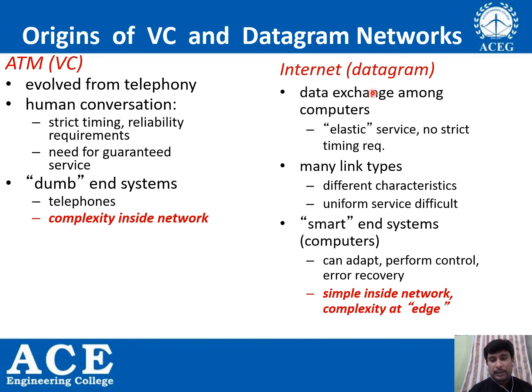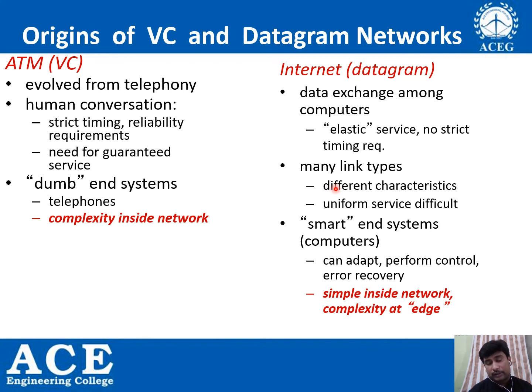But the advantage you get when you adopt this internet or datagram kind of network is that the complex procedure involved in virtual circuits is not required here. No connection setup is required. No reservation of resources is required. So we can have many line types. Path 1 involves one set of characteristics, the other will involve other characteristics.